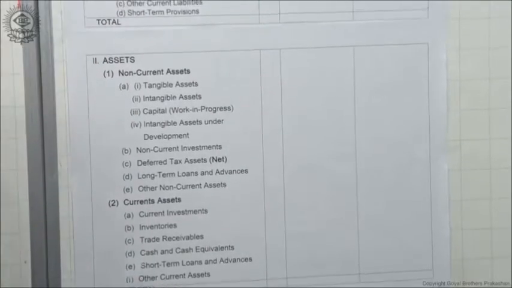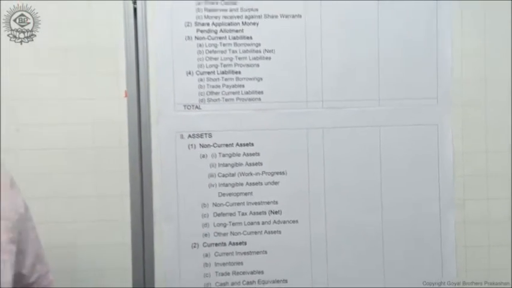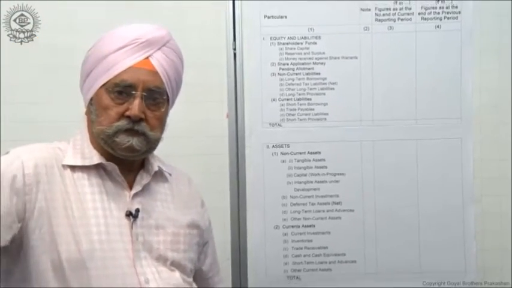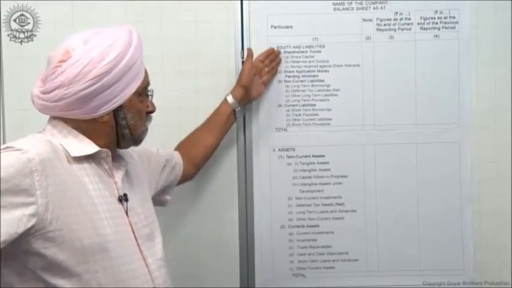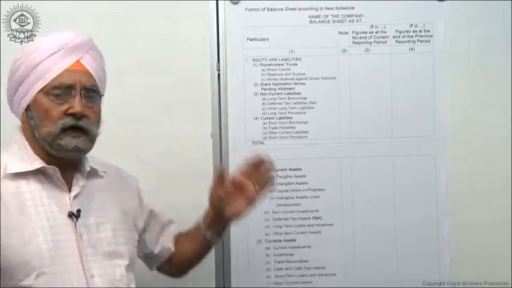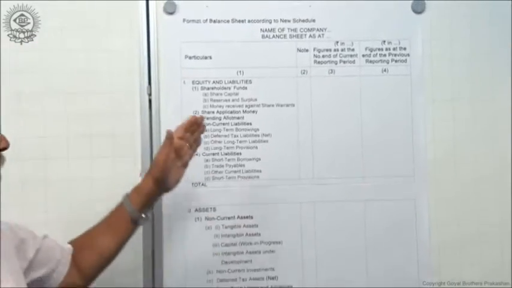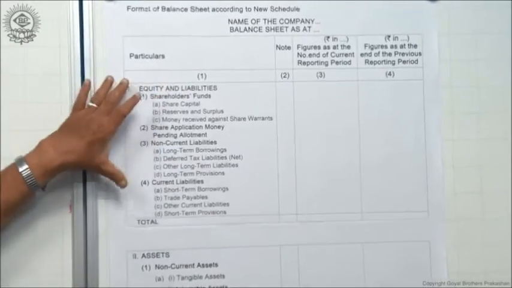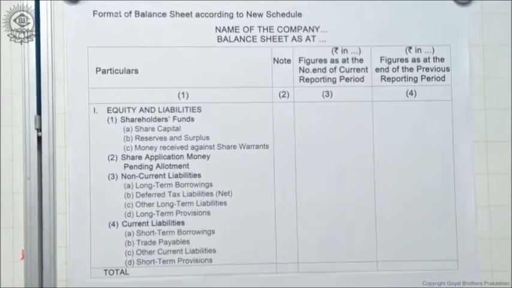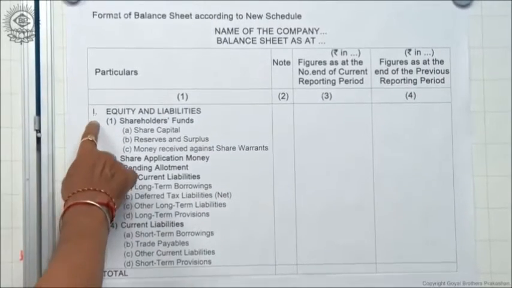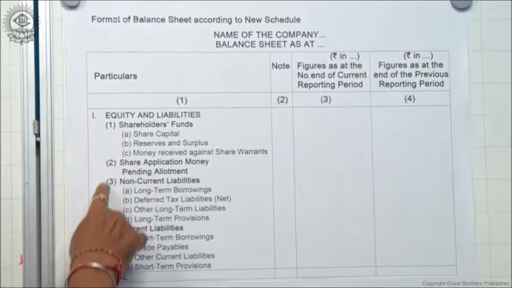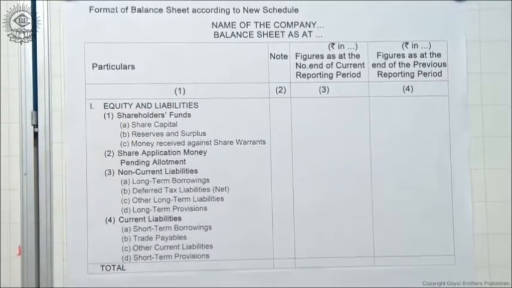The balance sheet is prepared according to the Companies Act 2013, and the two parts are shown vertically. Equity and liabilities are shown first and assets are shown later on. There are four sub parts of equity and liabilities.